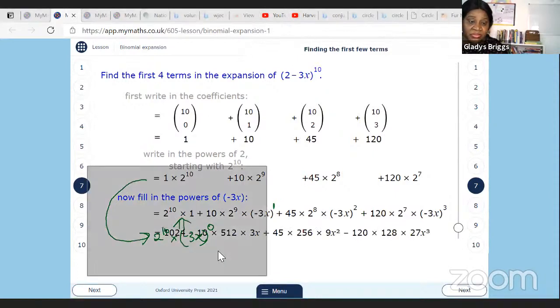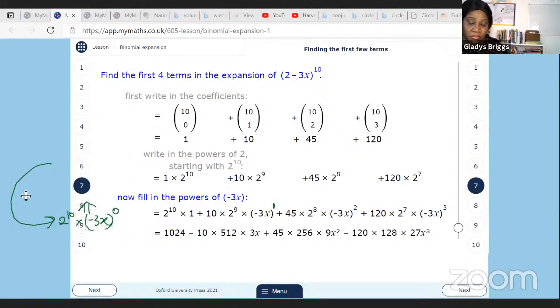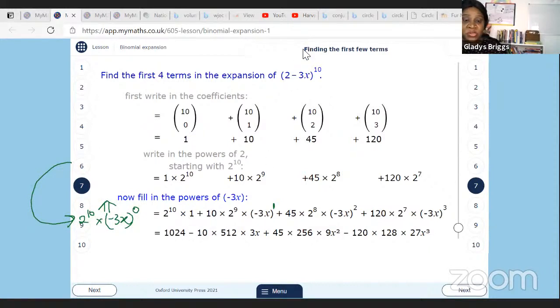Let me move this one out of here. So 2 to the power of 10 times 1, and they just jumbled everything up now. This is so messed up. So this is 1 here. This is 1. And this is another 1.